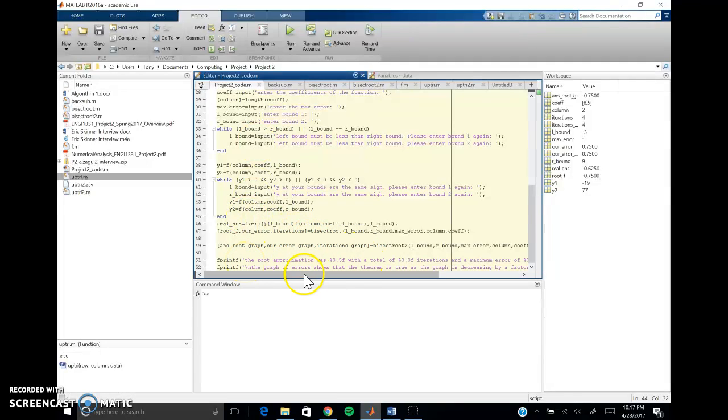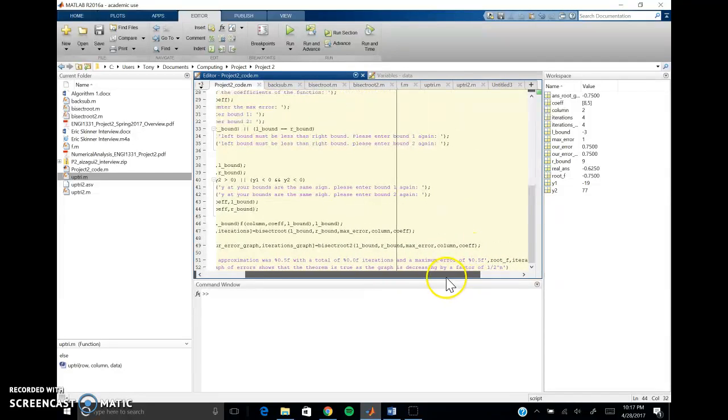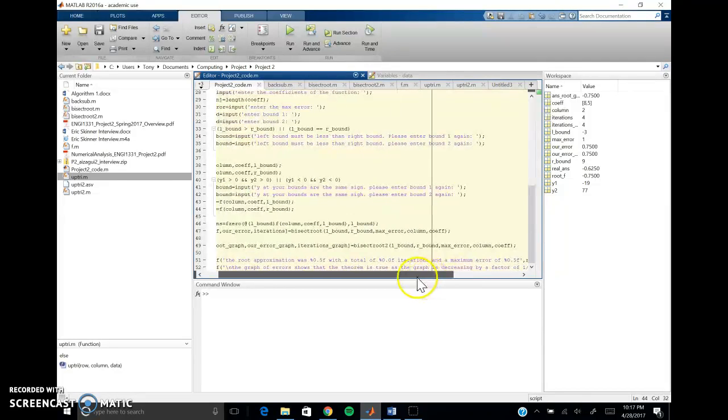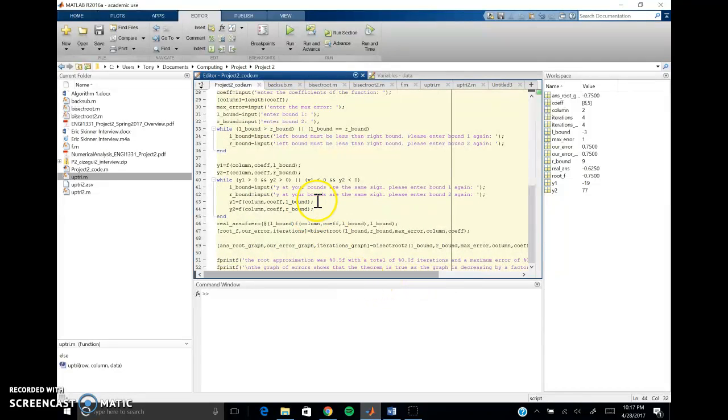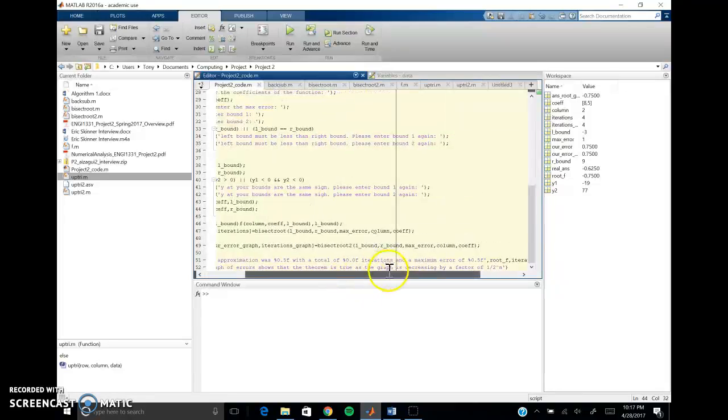And then once you have that, it'll tell you the approximation that MATLAB found of this equation, the number of iterations, the maximum error that you entered, and a graph.